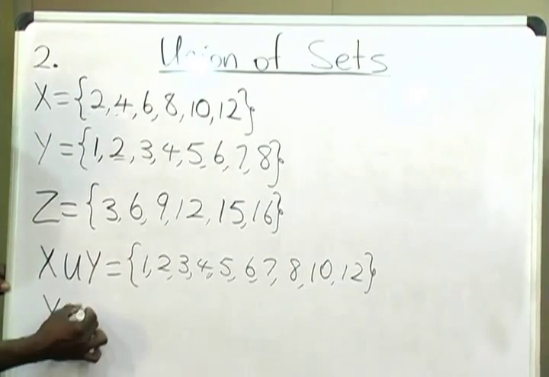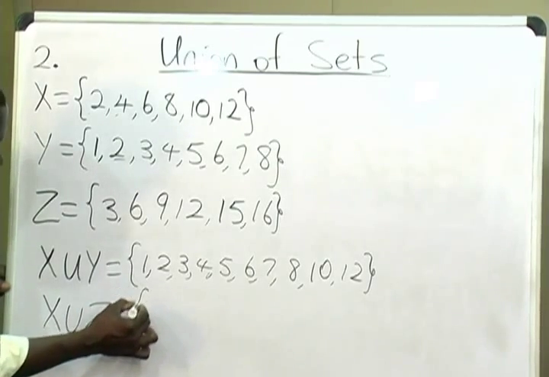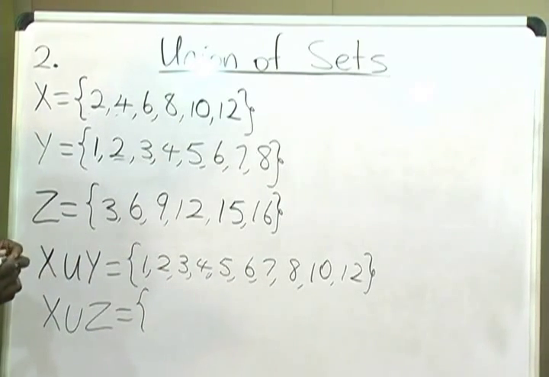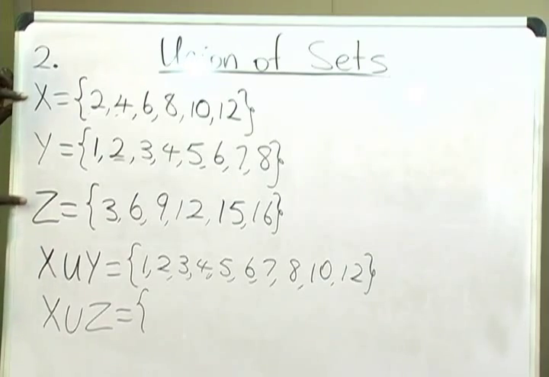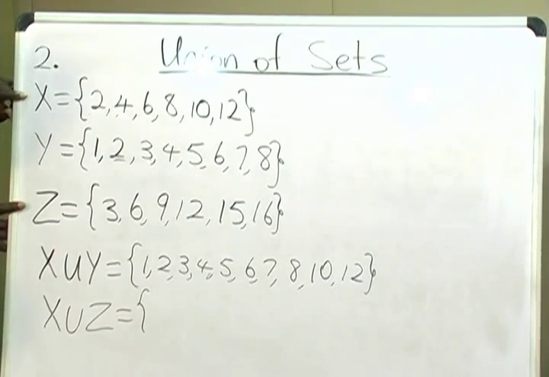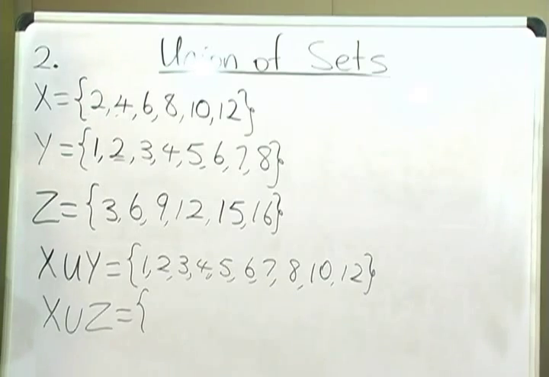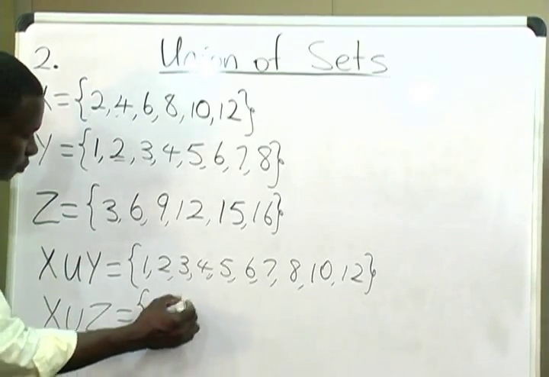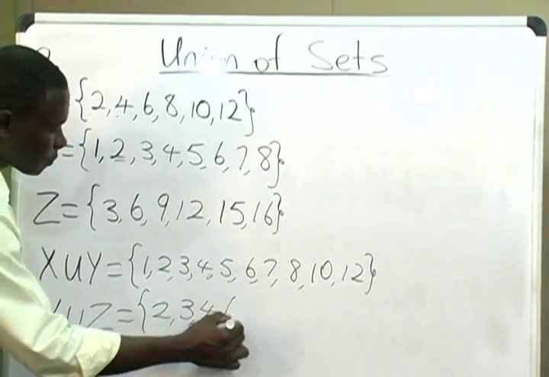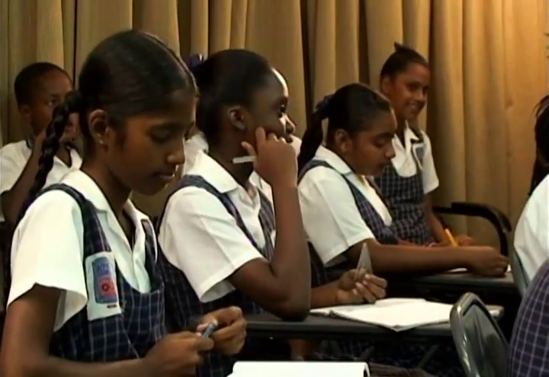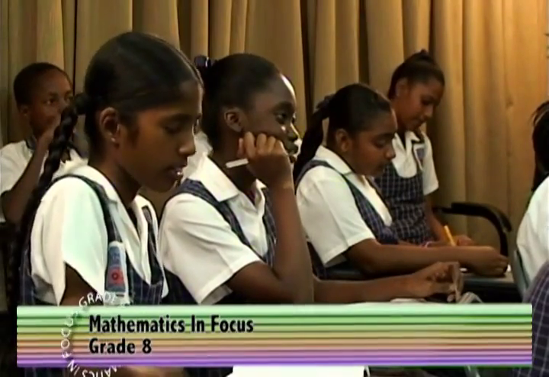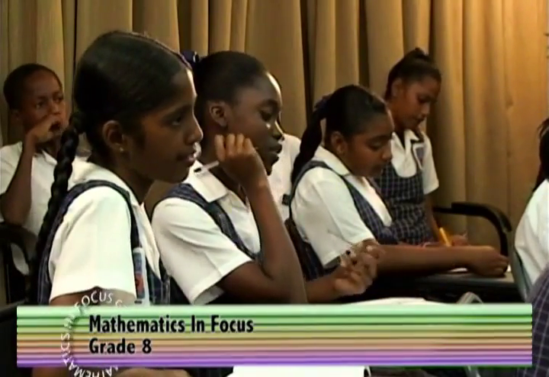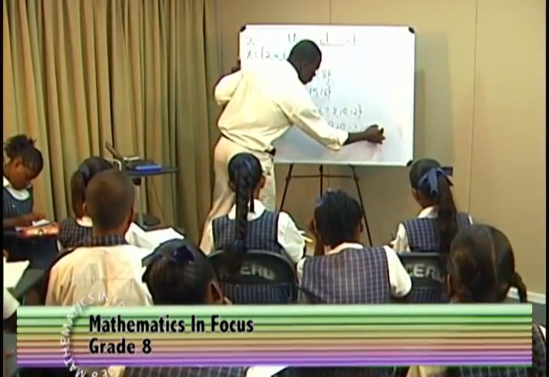What about X union Z? You take everything in X and you merge it together with everything in Z. What will these elements be? 2, 3, 4, 6, 9, 8, 9, 12, 15, 10, 12, 15, 16.